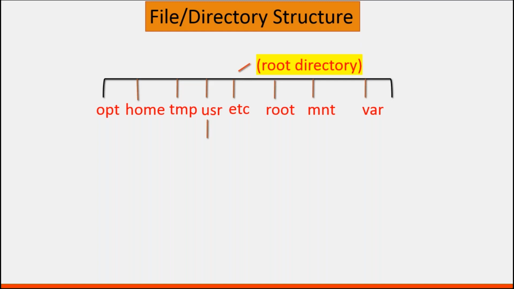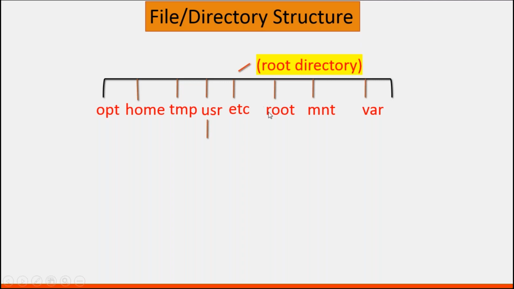And again guys, if you see the directories under the slash, there is one more directory called root, so we should not be confused here, right? Slash is the name of the directory which is also called the root directory. Under this slash root directory there is one more directory called root.